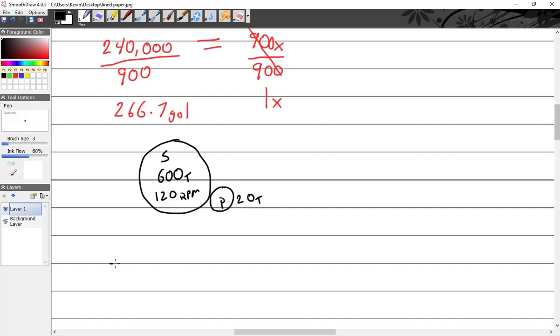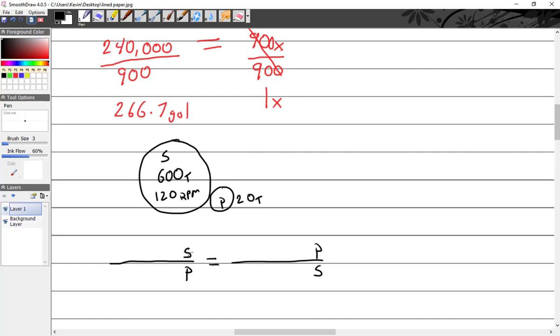Okay, so it's going to be just a ratio. And remember, it's going to go spur, pinion, pinion, spur. That's how I set them up. I remember it's SPPS. It's not teeth over RPM; it won't work out. Then from there I can fill it out.